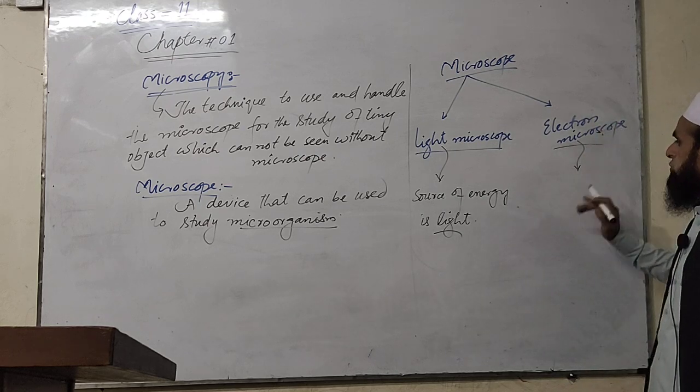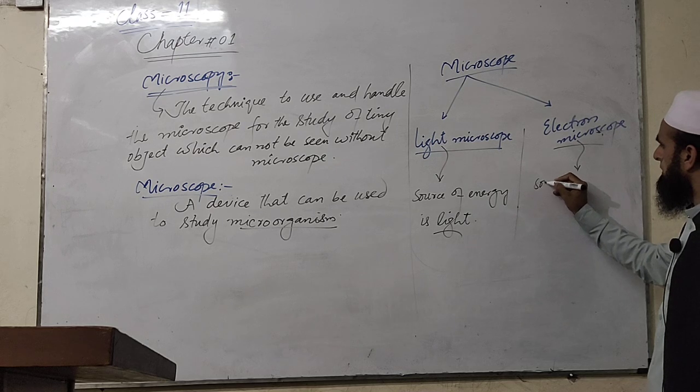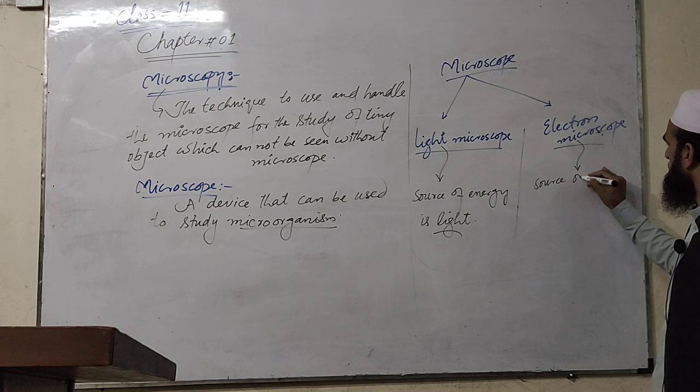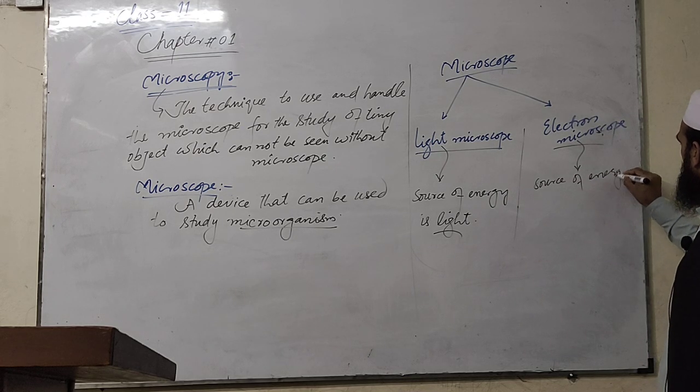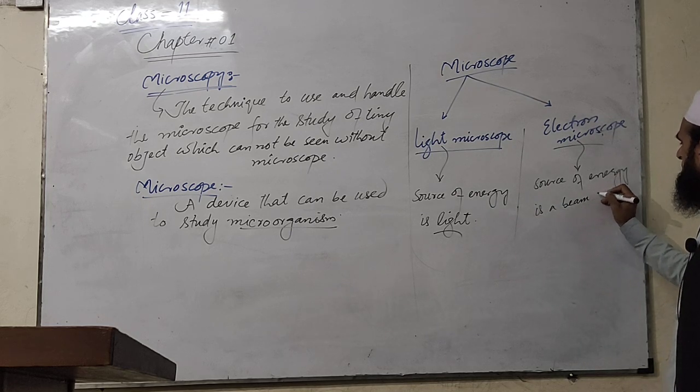Secondly, an electron microscope may be defined as that kind of microscope where the source of energy being used is a beam of electrons.